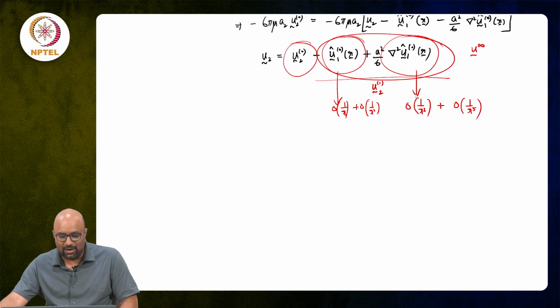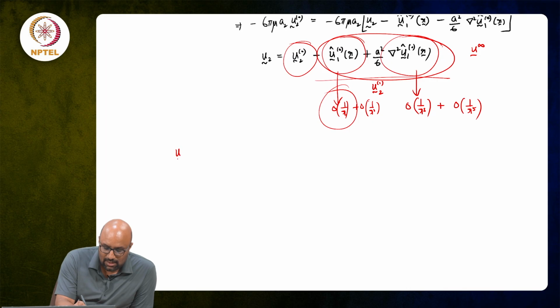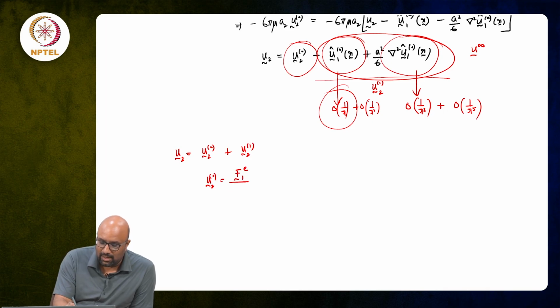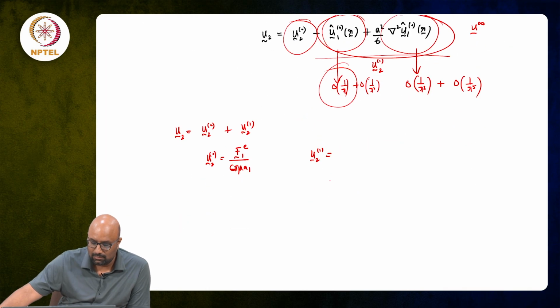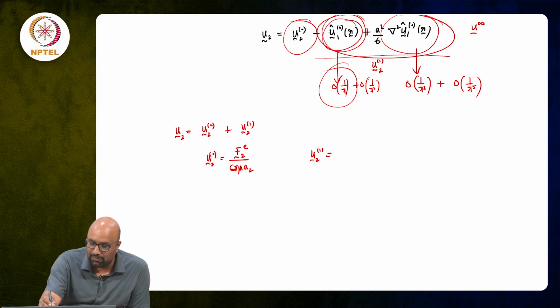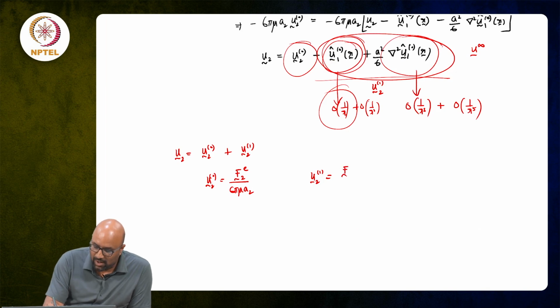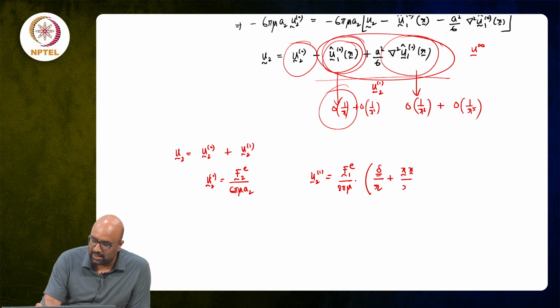Okay. Now this is where, when I am doing a reflection calculation, I will just focus on the leading order 1 over r term, which means u2 is going to be u2 0 plus u2 1, where u2 0 is f2e by 6 pi mu a2 and u2 1 is the order 1 over r term of u1, which is f1e by 8 pi mu dotted with delta by r plus xx by r cube.